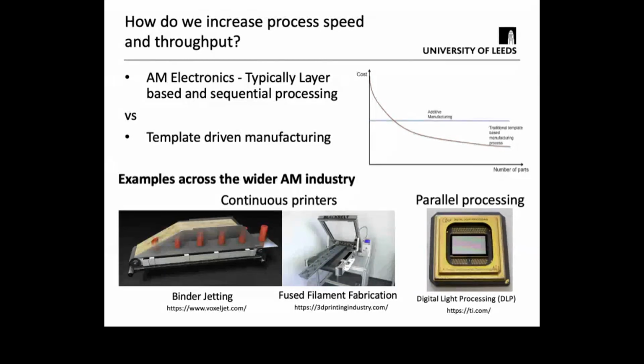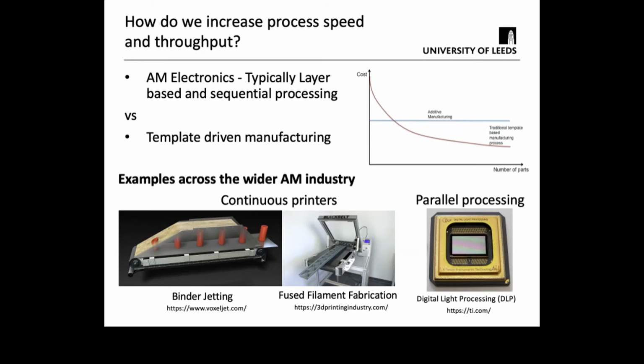Most of 3D printing is what I'd call a sequential process. It means that you trace out each element of the layer and then you build it up layer by layer. There's very few examples of what you call parallel processing of a layer. Probably the most common example is using a digital light projector chip from Texas Instruments, a DLP, and that's seen in stereolithography approaches.